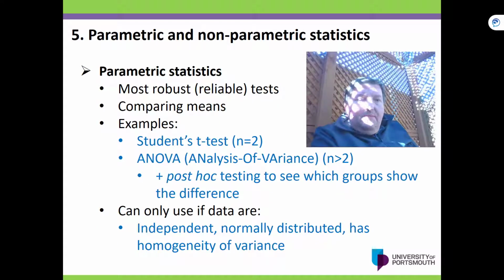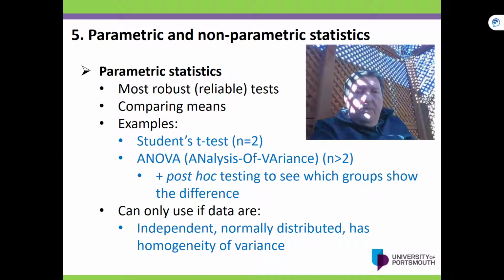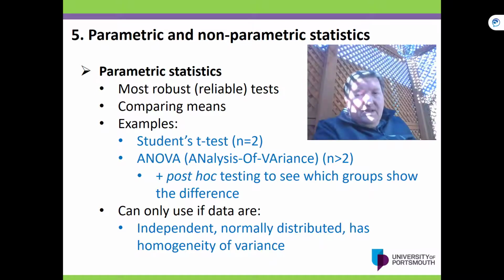There's another term you need to be familiar with, and that's called parametric and non-parametric statistics. So with parametric statistics, these are the most robust, in other words, the most reliable tests, and you are comparing means. So for an example, you might have come across the term a student's t-test, and this is for testing to see if there's a statistical difference between two groups.